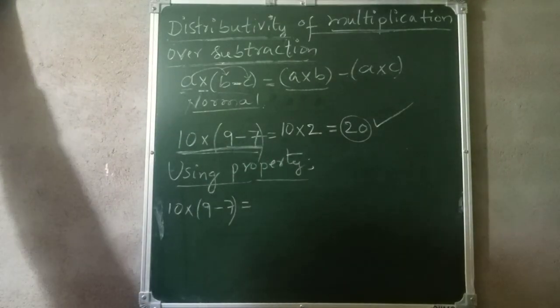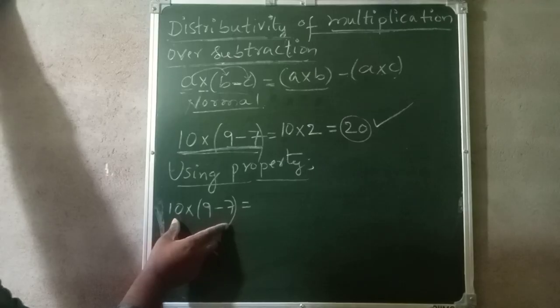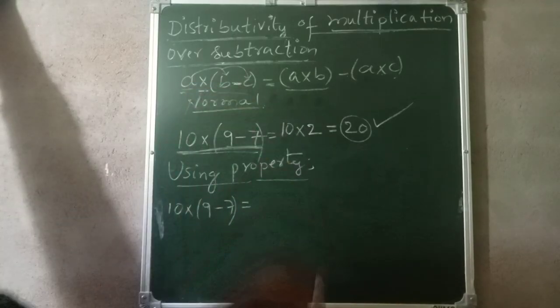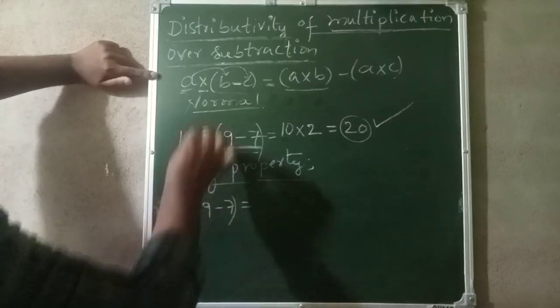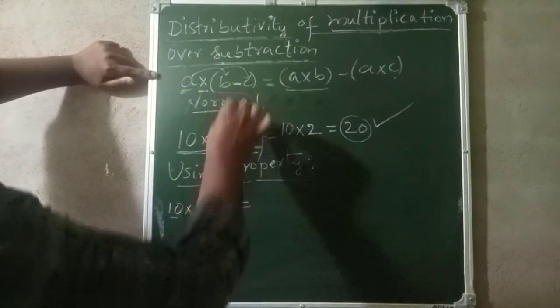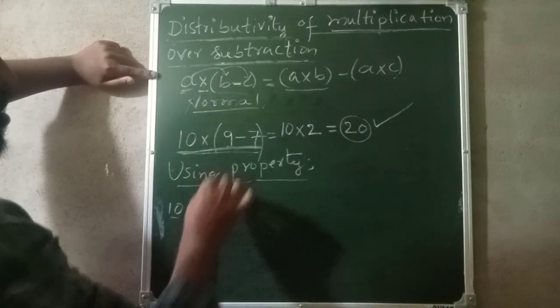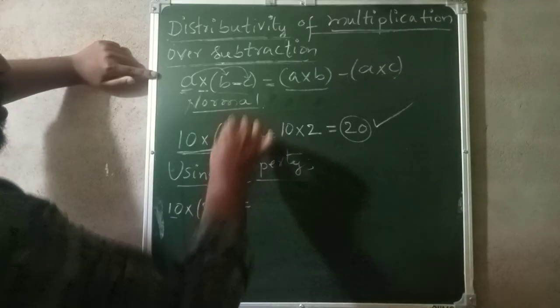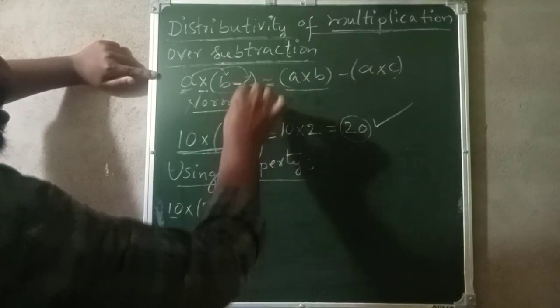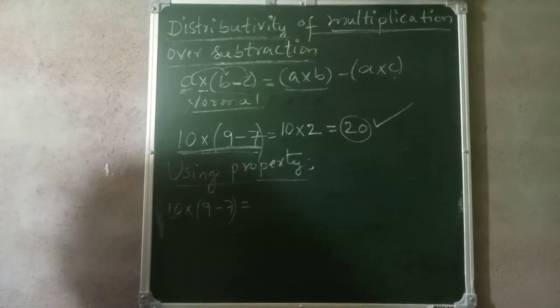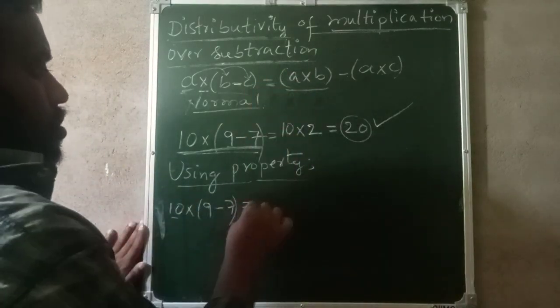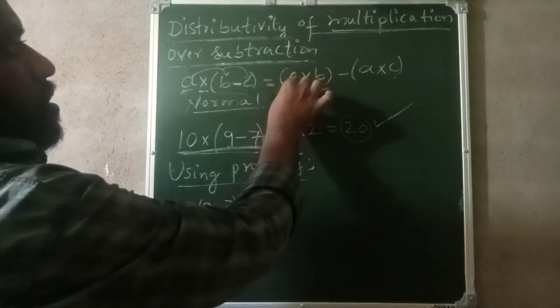Now we can see this is in the form of this. So in place of A we have 10 into bracket. In place of B we have 9 minus. In place of C we have 7. Okay. Now is equal to. First consider this.